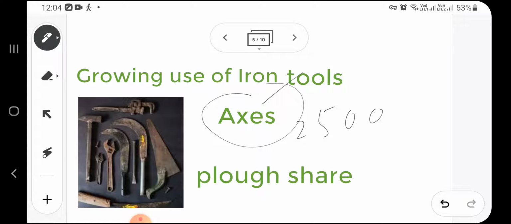And the plowshare is used to increase agricultural production.